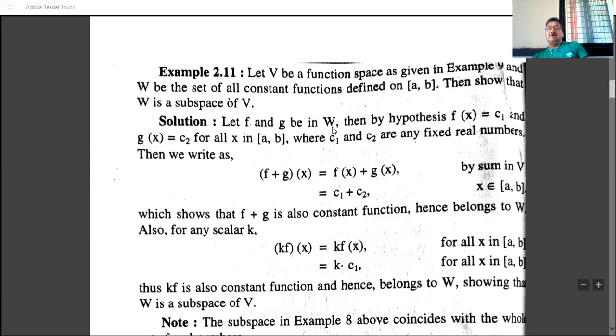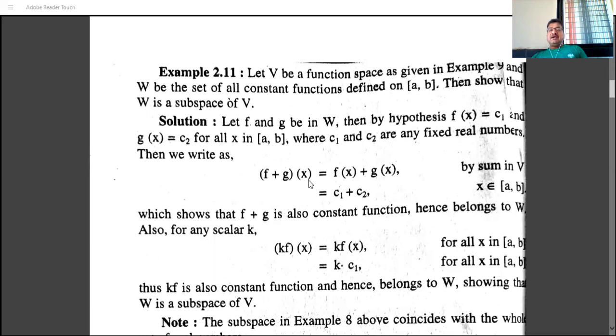And f and g being in W means f and g are elements of W, and therefore f(x) and g(x) are constant for all x in the interval, by using the definition of a constant function. Now we have to show f + g belongs to W, that is, (f + g)(x) is equal to some constant.